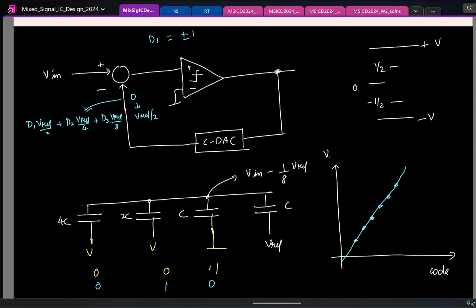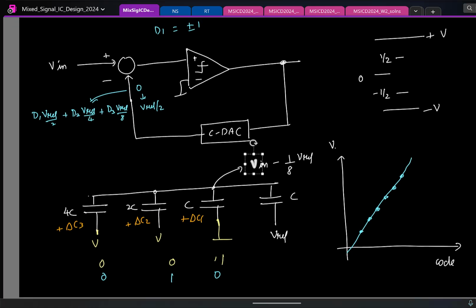Now let us say the capacitors are all mismatched. Again, I plot the characteristic here. What will happen to this now? Let us say I am looking at 001. If it is 001, what will be the voltage I get here?